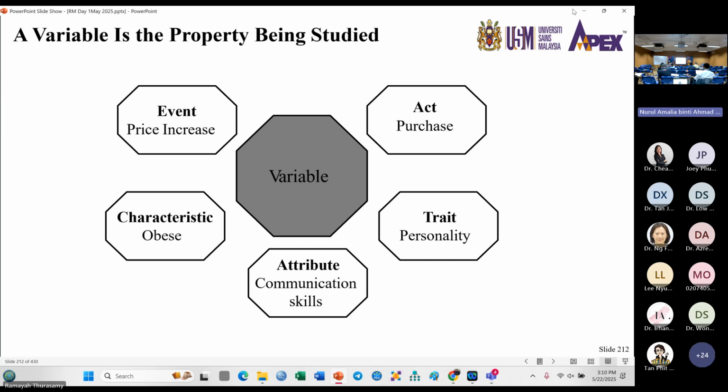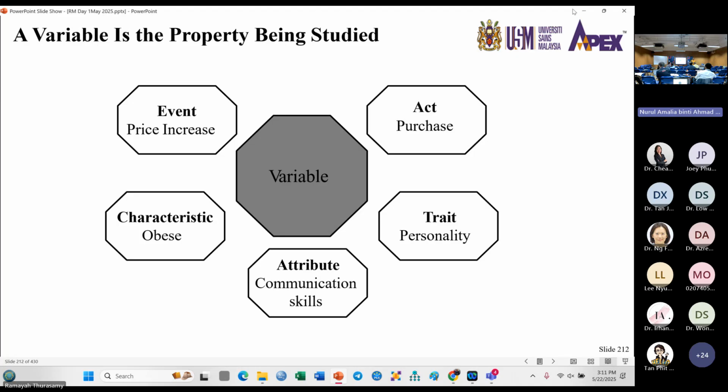Let's say male and female. Is it a variable? Male, female, is that a variable? Okay, it's not. Male, female is a category under the variable for gender. The variable is gender.